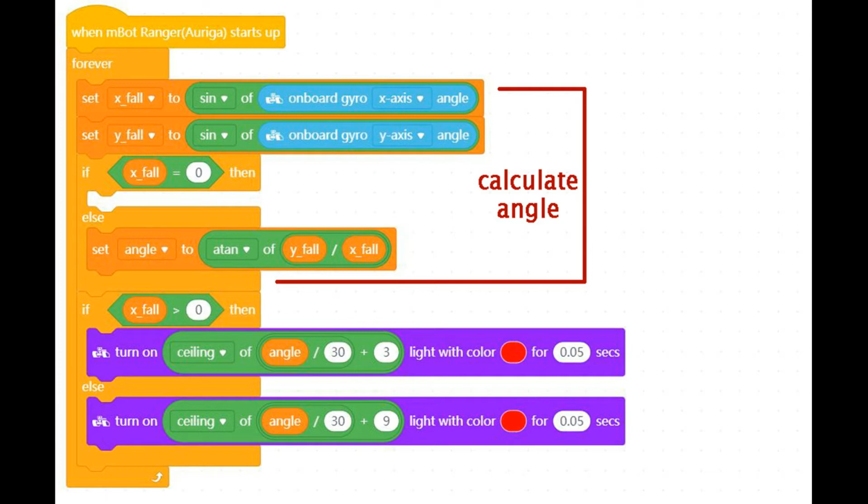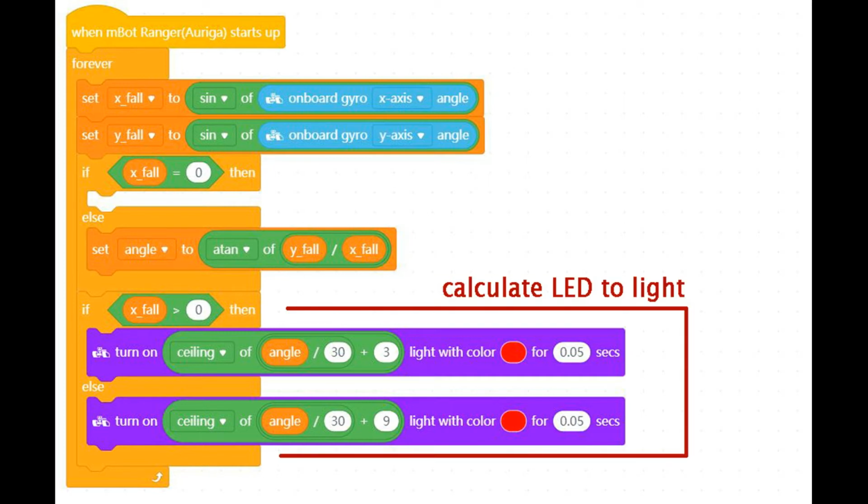Now, because I want to set my angle to be equal to the inverse tan of the y fall divided by the x fall, if x fall is 0, then I'll get an error due to trying to divide by 0. So I test to see if it equals 0. If it equals 0, I do nothing. Else, I set my angle to be equal to the inverse tan of the y fall over the x fall.